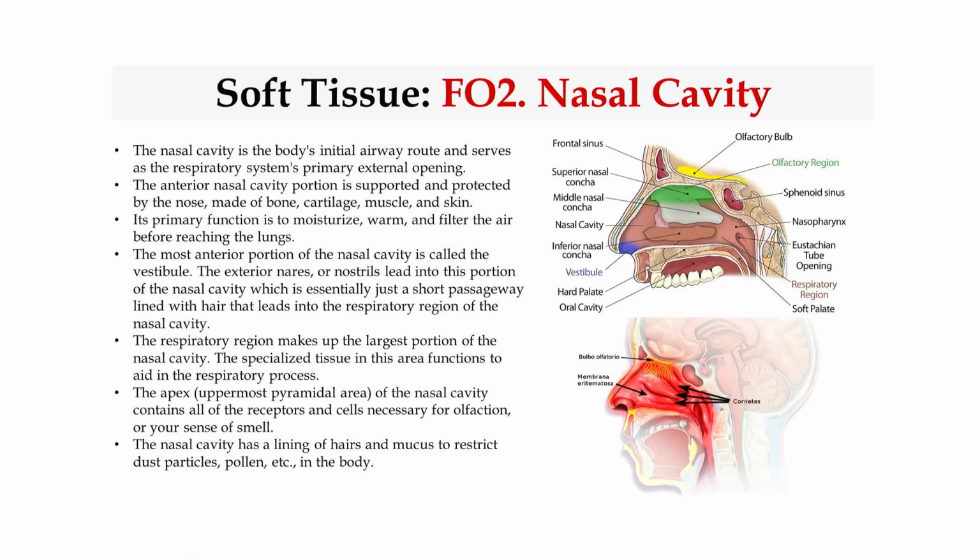Then you have the superior nasal concha, and then the middle nasal concha. These are all different soft tissues which are in the nasal cavity. Then you have the nasal cavity itself. The inferior nasal concha and vestibule is the initial part from where you breathe in.